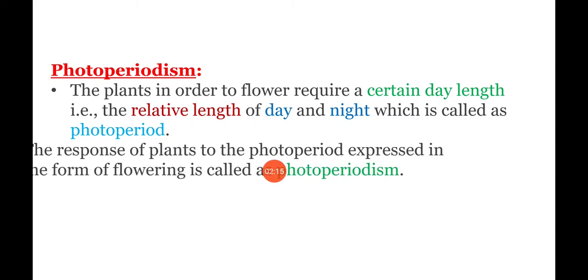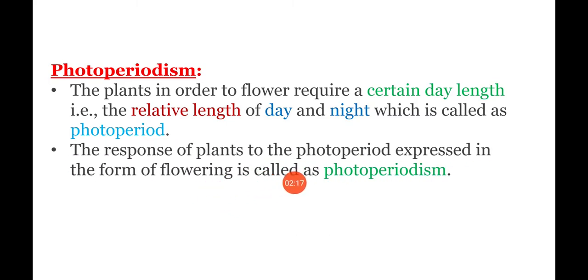Next, the response of plants to the photoperiod, expressed in the form of flowering, is called photoperiodism. Plants are influenced or affected by light, and this light induces flowering in the plants.